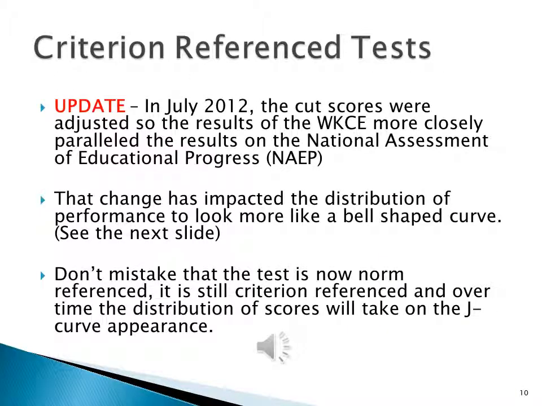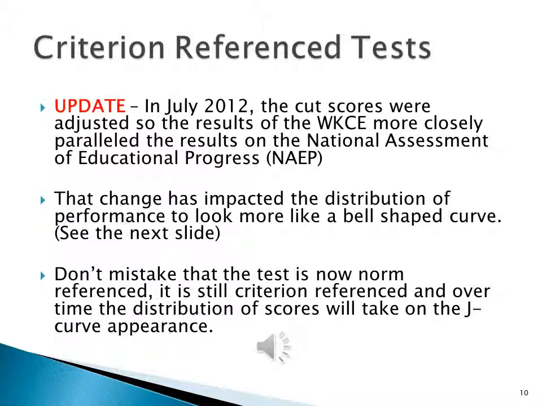Very recently, the WKCE obtained new cut scores, so the results on the WKCE parallel the National Assessment of Educational Progress, called NAEP. This was done in the state of Wisconsin to meet federal criteria on our ESEA waiver. A concern that was had by the federal government is that our students scored much higher on the WKCE, but those same students, when they took the NAEP, scored much lower.